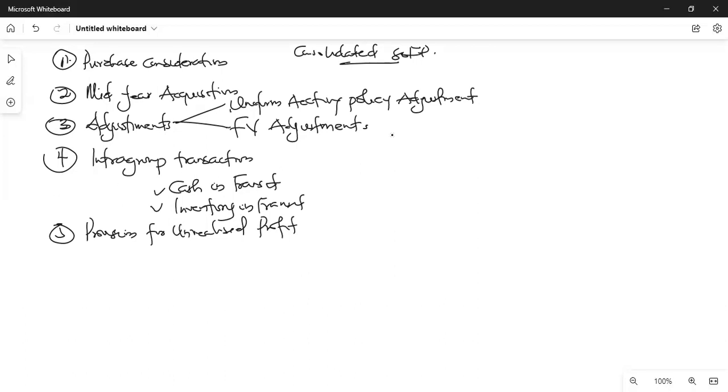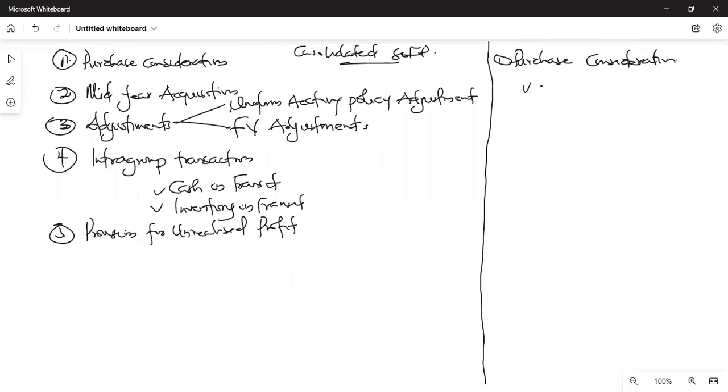So number 1, let's look at the purchase consideration. There are so many forms it can take. It can take the form of share for share exchange.